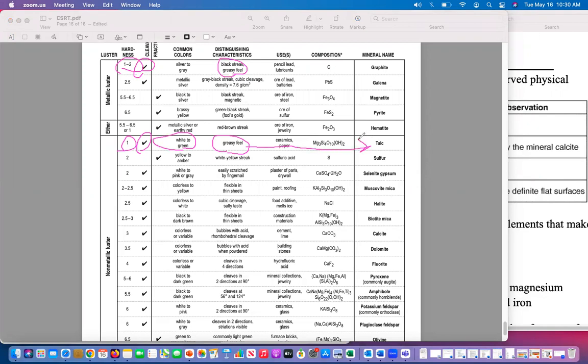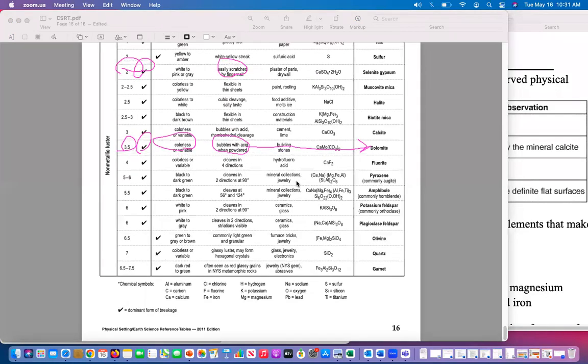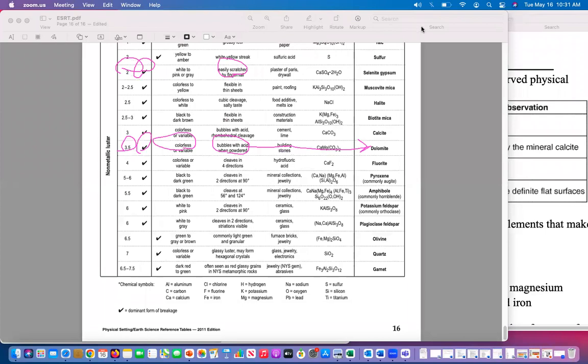So when I'm looking at talc, I'm going to look at some of these minerals, okay? And I'm going to see if it matches up. So Mg, Si, O, and H. When I scroll down, I'm going to circle what I just see, right?